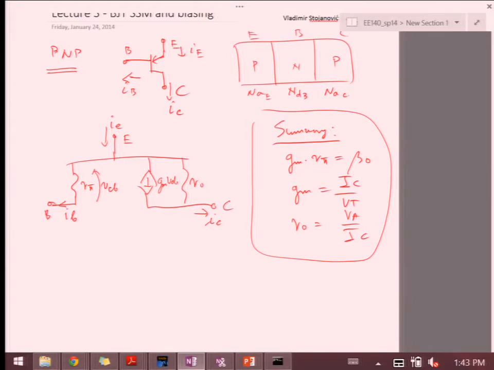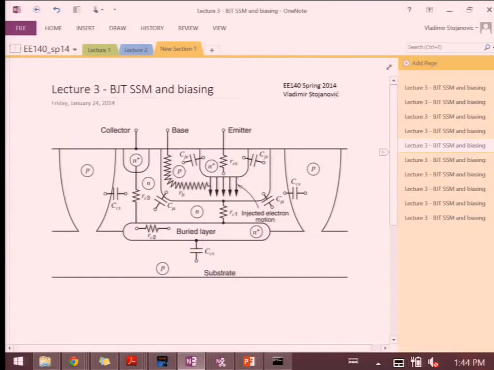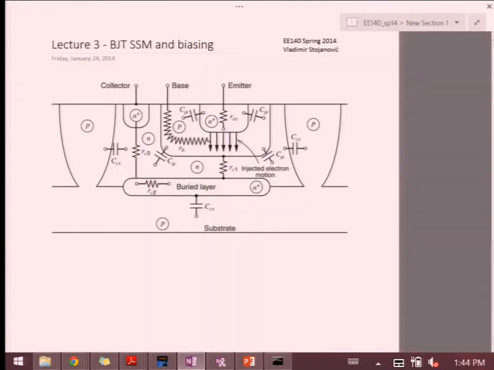Now, in reality, the situation is a lot more complex. This is a picture from the book where my transistor is right here, with this N plus PN region.